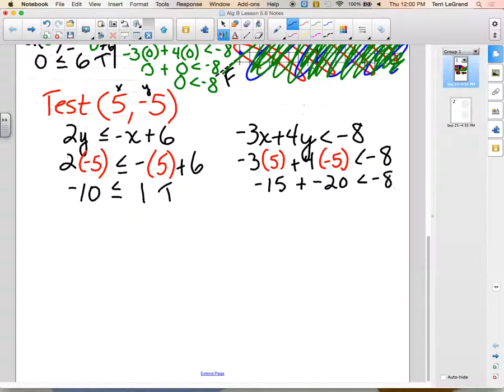Okay. -15 plus -20 is -35. Is -35 less than -8? What do you think? Is that true or false? True. It's true. So we can feel pretty confident about our solution region. It's one of the solutions to this problem. There are lots of points that are solutions. They come from that overlap region, but we checked one of them.